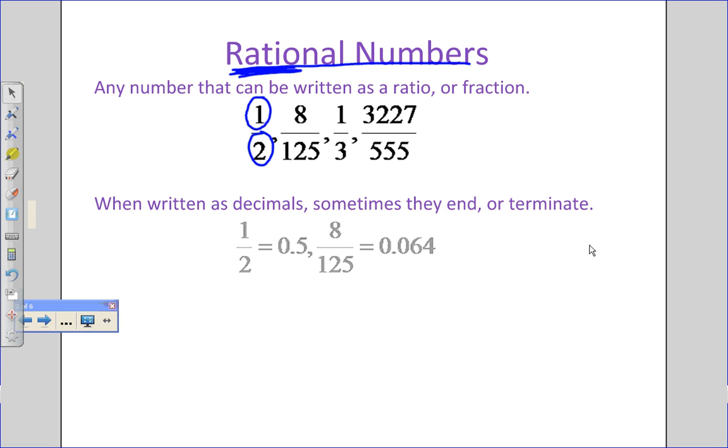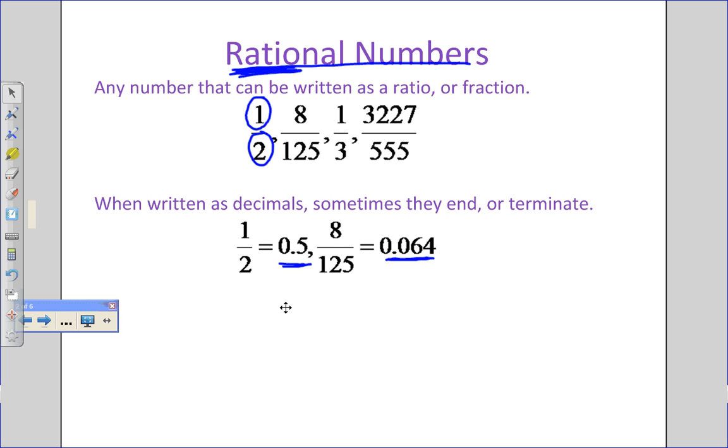For example, we've all seen that 1/2 equals 0.5 and 8/125 equals 0.064. And these numbers just end. I didn't round them at all. They just stopped. And so when they just end like that, they're called terminating fractions.